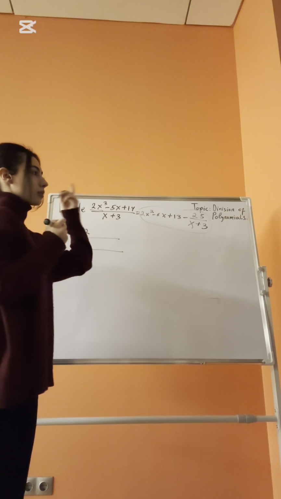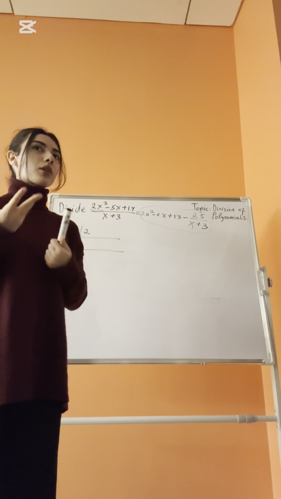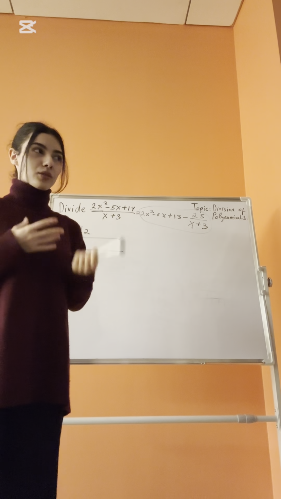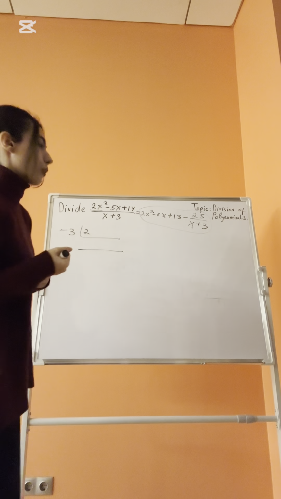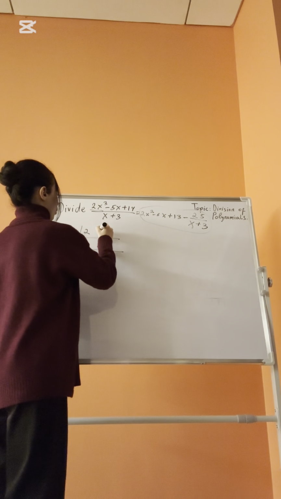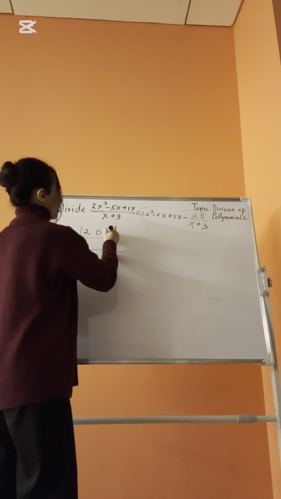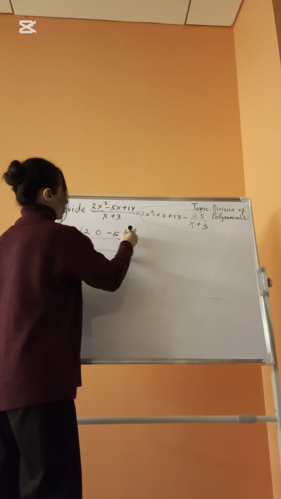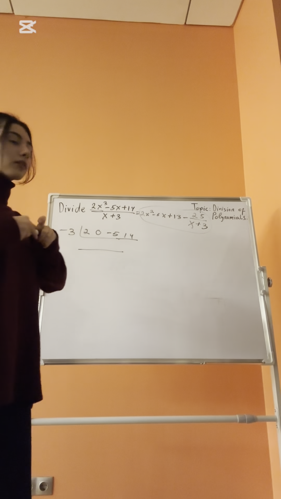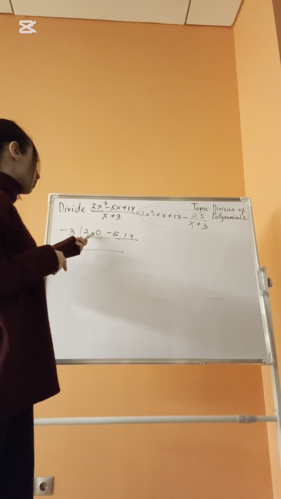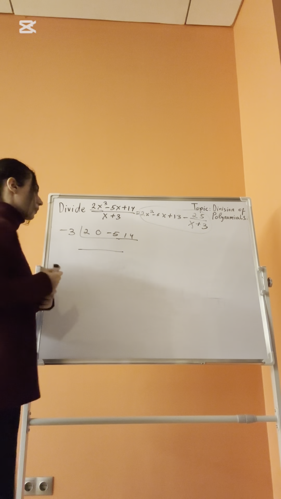And then the same as with the long division. Because we don't have any x to the power of 2, but we have to write it, we will write 0 because it's the coefficient of x to the power of 2. And then the same thing, minus 5 and 14. Notice that I didn't write any sign like comma, plus, minus, nothing, just the coefficients.